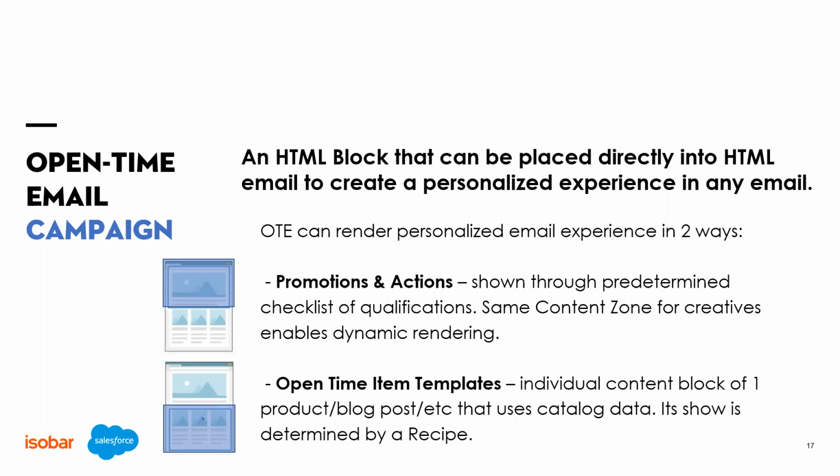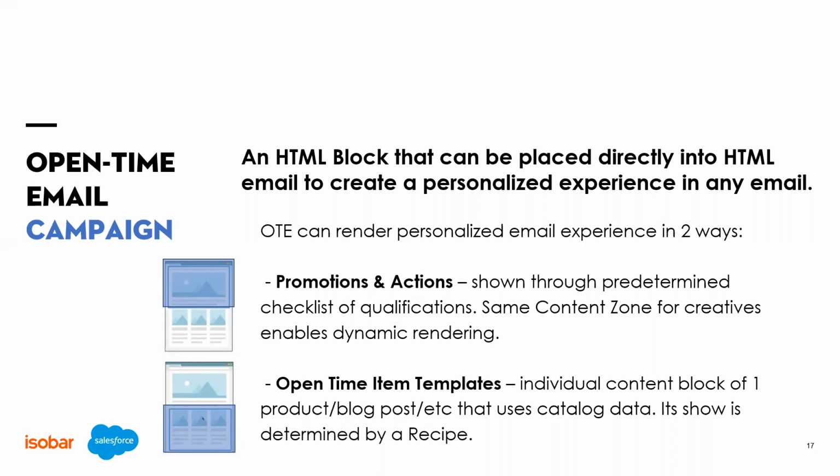And another way is to bring in open time item templates, which are a selection of products or blog posts or some kind of small content pieces that use catalog data and are brought into the email and shown to the customer based on previous behavior or some attributes. And this selection is determined by a recipe, or Einstein recipe.